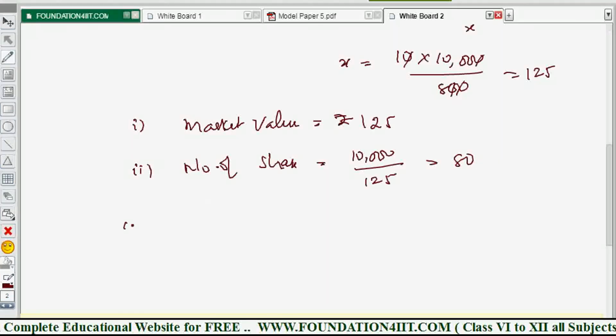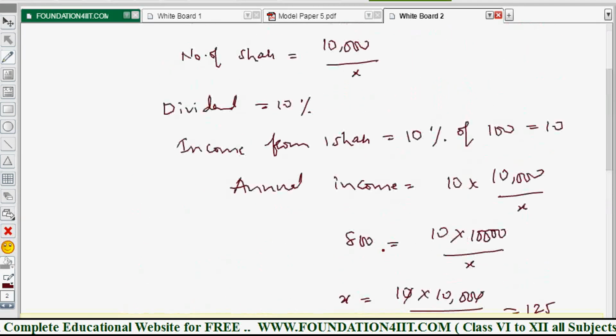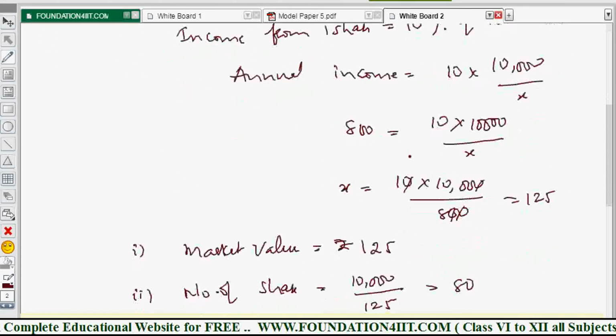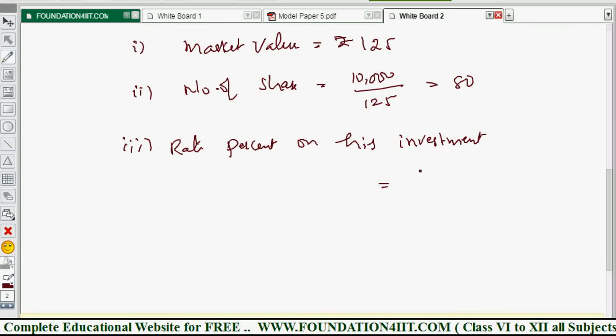And rate percent on investment. Whenever you need to find out rate percent on investment, we take the income from one share, that is rupees 10, by the market value of one share, 125, into 100.